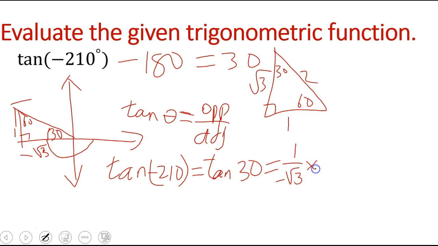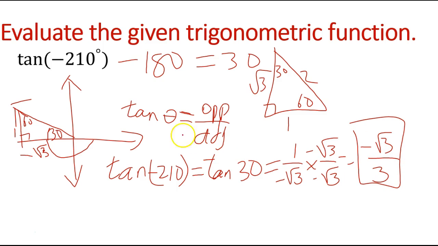But we cannot leave a square root in the denominator, so we have to divide both sides by the square root of 3, or negative square root of 3. It won't matter. That way you will still get negative square root of 3 over 3. And that will be your final answer. Okay, I hope you get that.